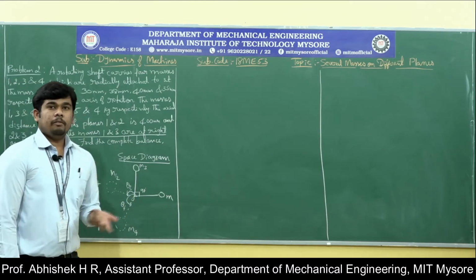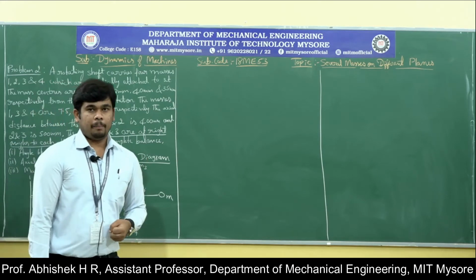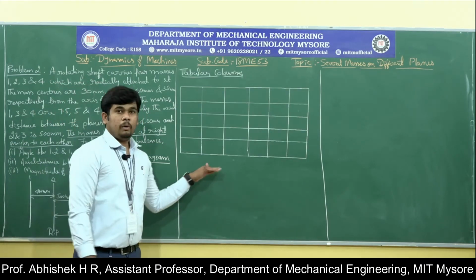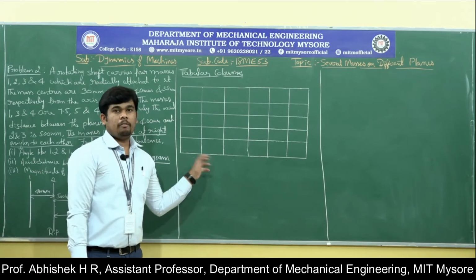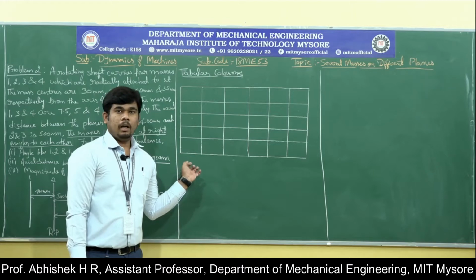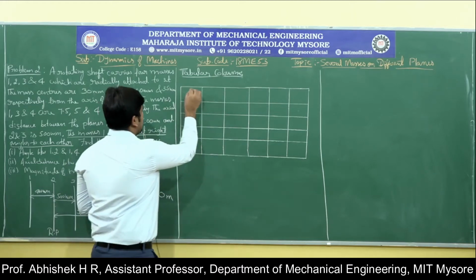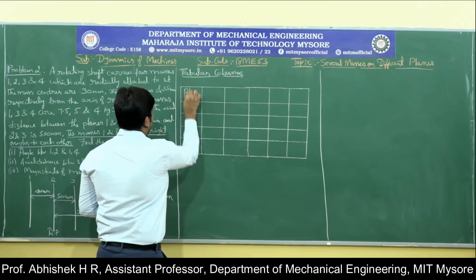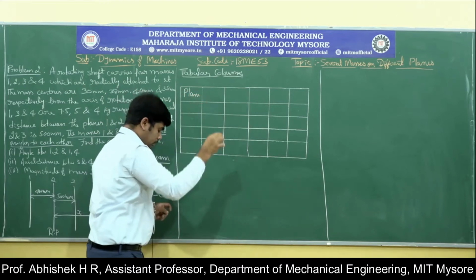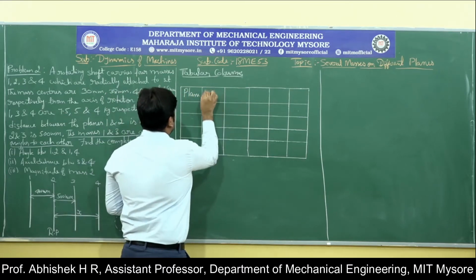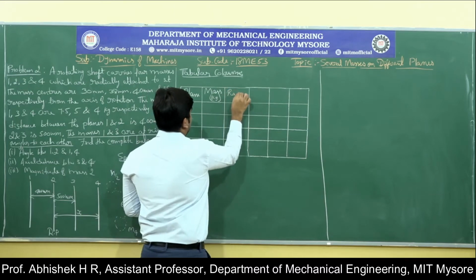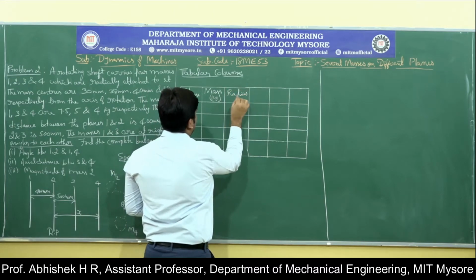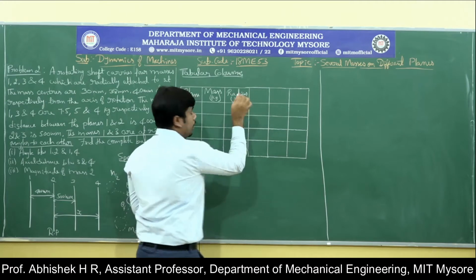Our next step is to construct the tabular column. In the tabular column we need to enter all the values that we have extracted from the given problem. The first column is plane, the second column is mass in kg, then radius of rotation in meter.